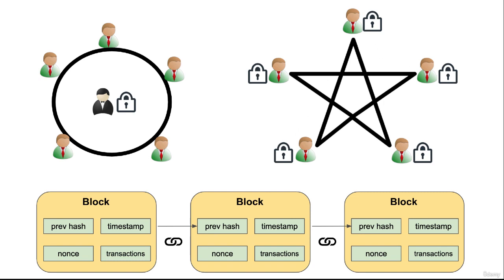Now, let's say that we want to rewrite the data of this middle block and request that $1 million worth of cryptocurrency be sent to yourself. Even if you rewrite this data in your server, you'll face some problems. First, the information won't match the data that's stored in the other servers. And secondly, the rewritten information in this block won't match the data stored in the next block.